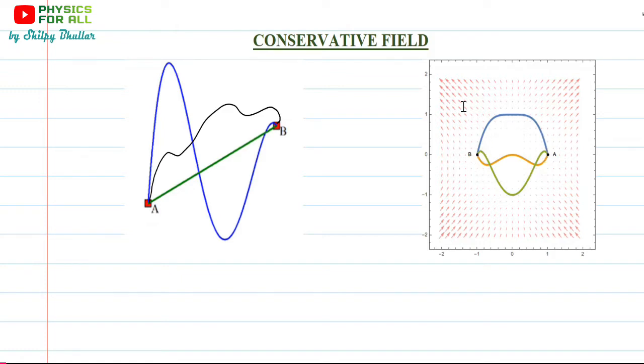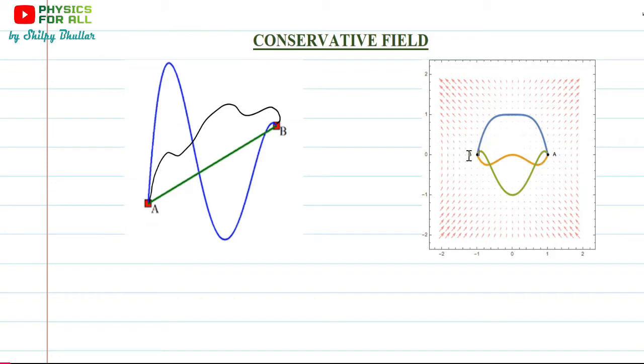So if the field, and you can see all these arrows, they denote that some field is present. So A and B are the 2 points within that field. So everywhere you can see these red arrows are present. So field is present in this complete region. Now if it's a conservative field, that means that its value will simply depend on the initial and final point, and it will not depend on the path taken.